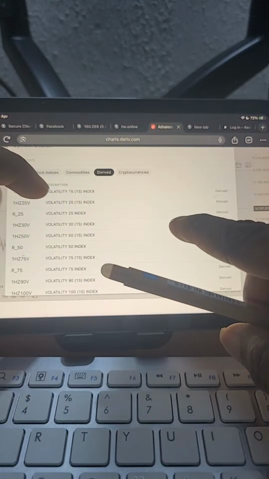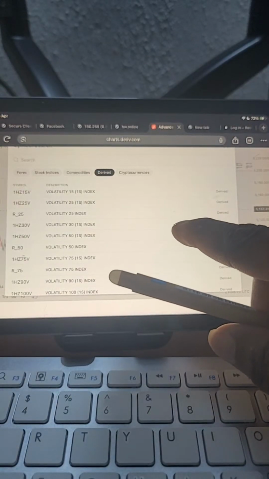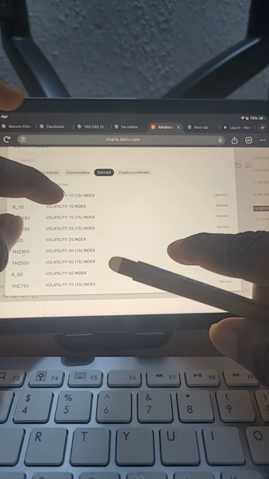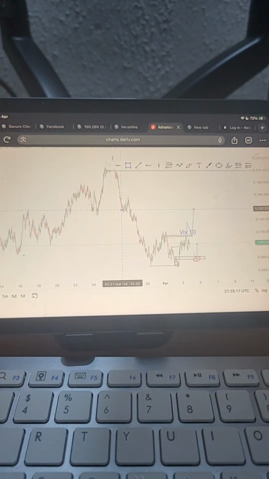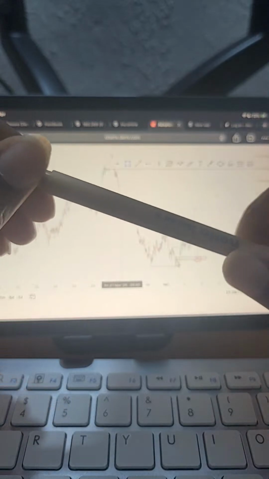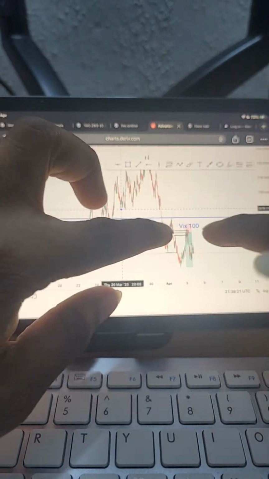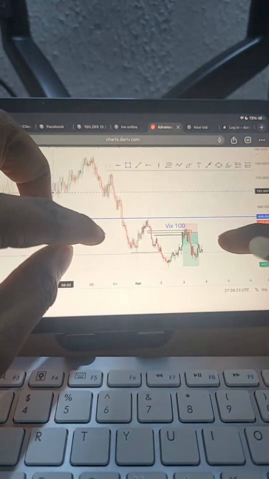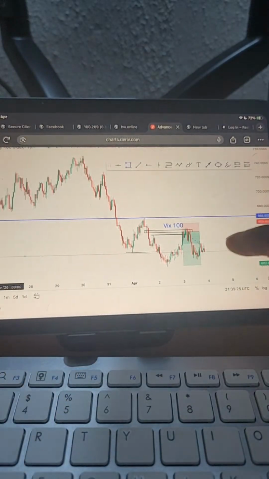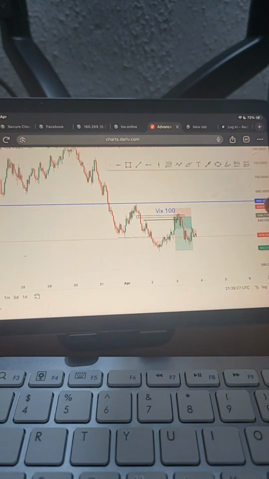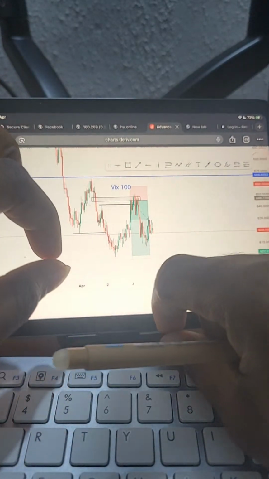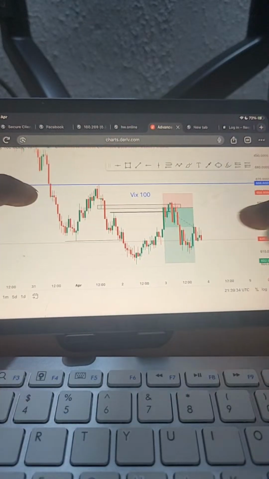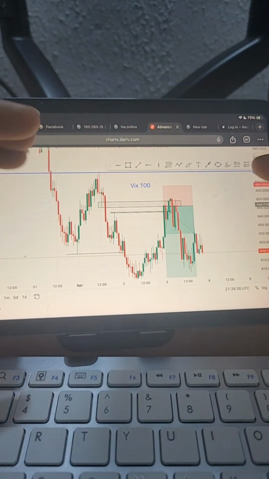Where most traders get it wrong is that when they start trading synthetic indices, they don't have proper information on the right asset to trade as a beginner. Because of that, they start trading assets they are not supposed to be trading as a beginner.